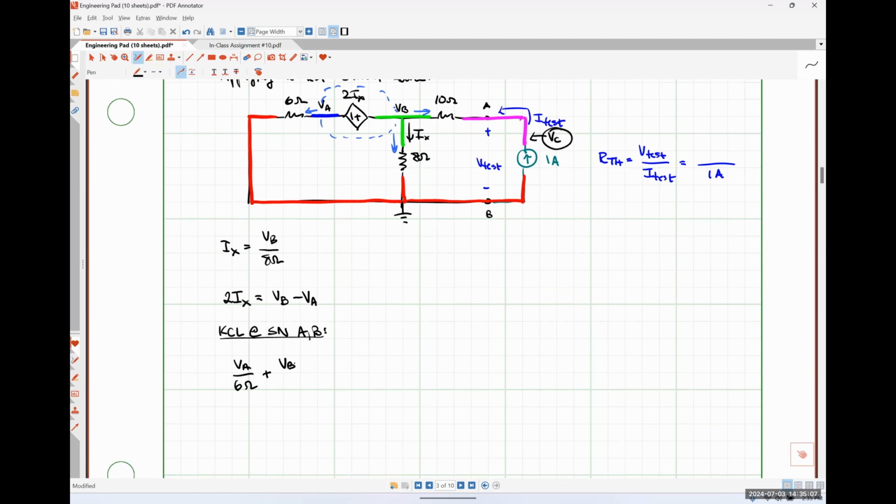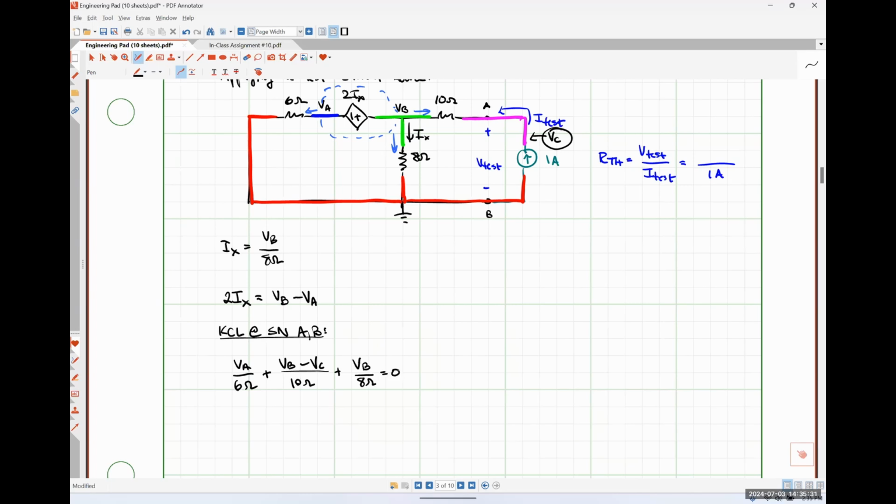Oh, yep, VC. That's confusing because that terminal is labeled as A, but I know what you meant. My apologies on the confusion and labeling there. But VB minus VC over 10 ohms, definitely correct. And then the current down, which we already know to be VB over 8.